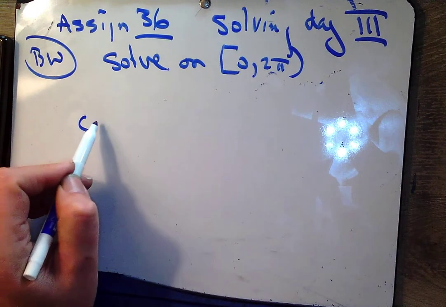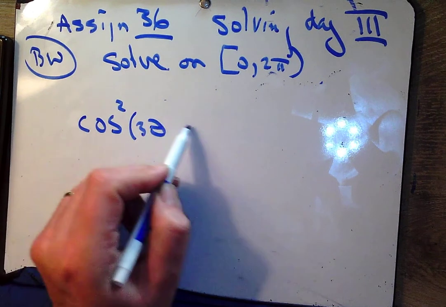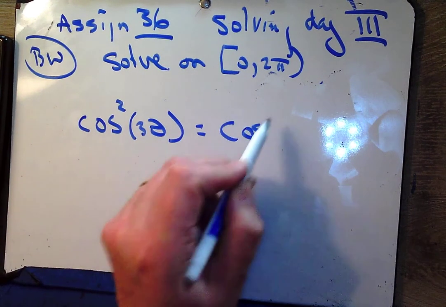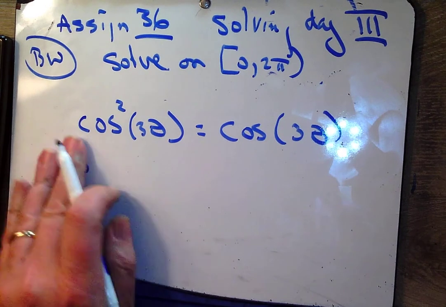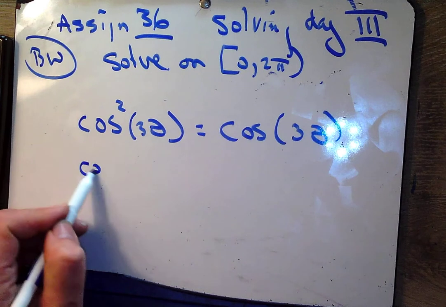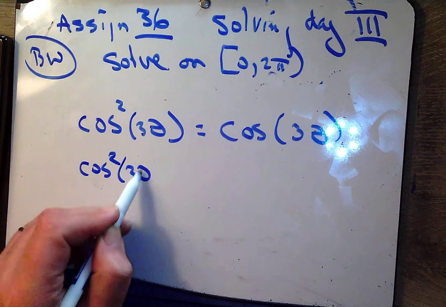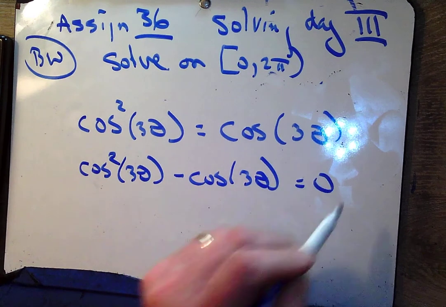So what do we have here? We have cosine squared 3 theta equals cosine 3 theta. And I said, let's subtract and not divide by cosine 3 theta, because that's going to bring too few answers. So now we've got cosine squared 3 theta minus cosine 3 theta equals 0.